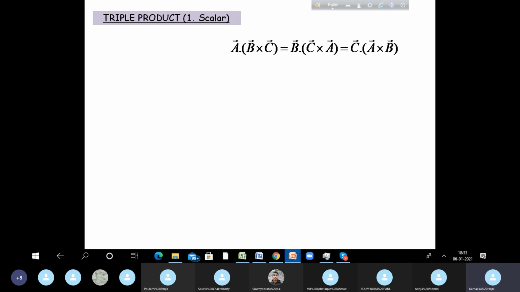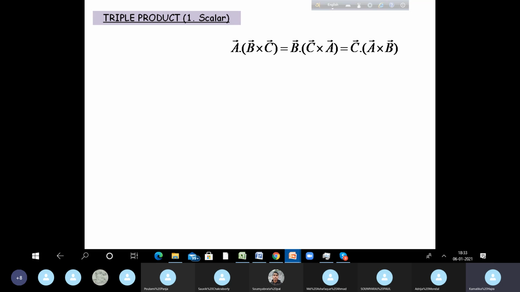Now that we know dot product and cross product, which involved two vectors each, we will discuss the other kind of vector multiplication. Of course, you can take n number of vectors and multiply using a combination of dot and cross. But relevant for us, for the things that we are going to study, is the triple product of a vector.